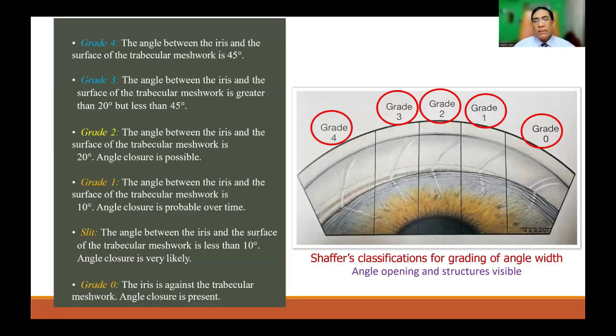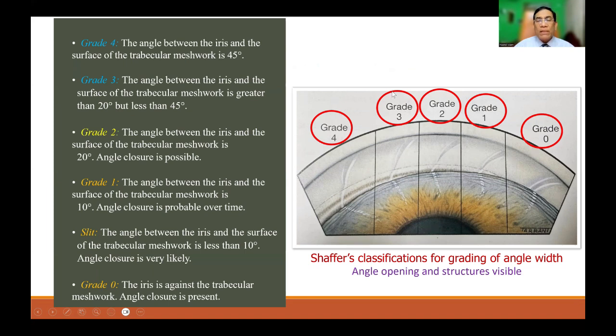So a very important picture here is a book picture. You see that in this grade 4, the angle between the iris and the trabecular meshwork is 45 degrees. The angle is about 40 to 45 degrees, and you can see all the four structures, the four landmarks: the Schwalbe's line, trabecular meshwork, scleral spur, and the ciliary body band. So grade 3, 4.